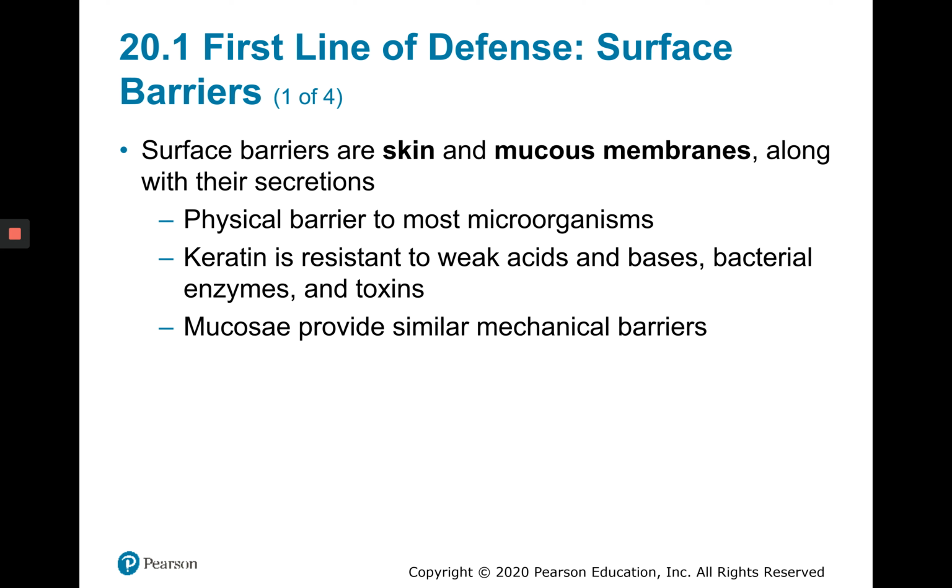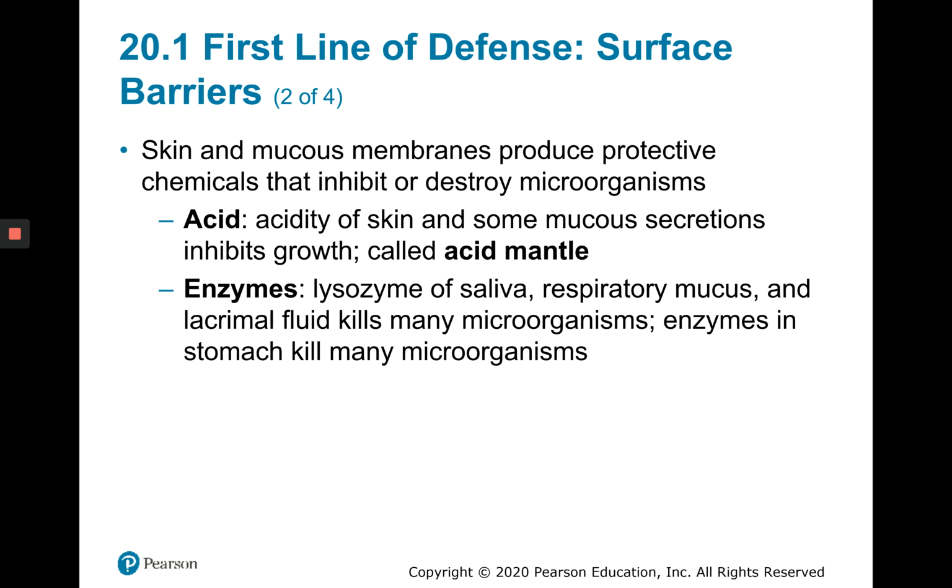Both the integument, specifically the epidermis, and the mucosae that we call our surface barriers are going to have similar mechanical barriers, or mechanisms to the mechanical barriers. So more on that acid, we have an acid mantle specific to the epidermis, which is just an acidity layer of the skin. We do also find some acidic secretions that end up being on our mucosae.